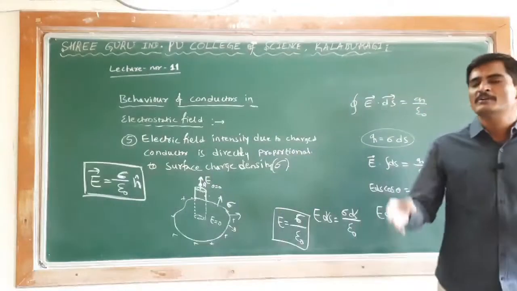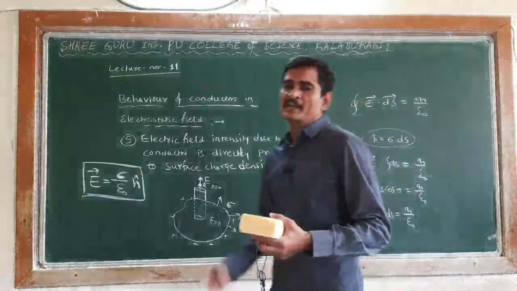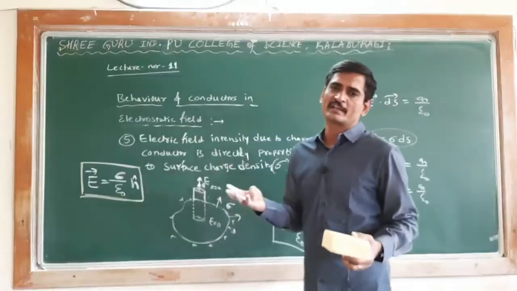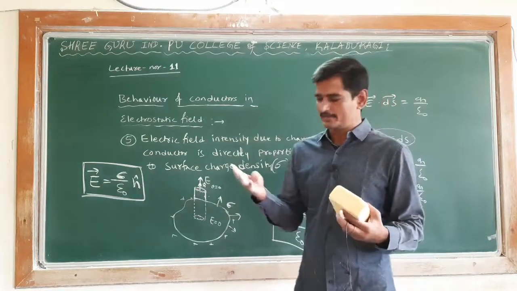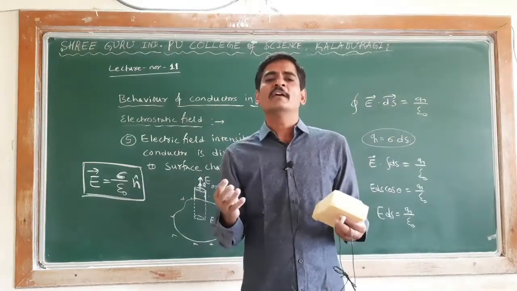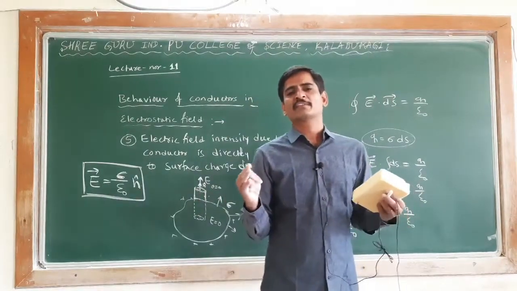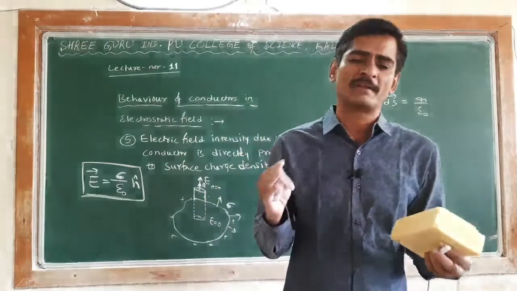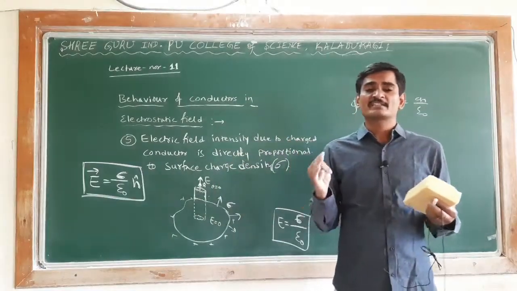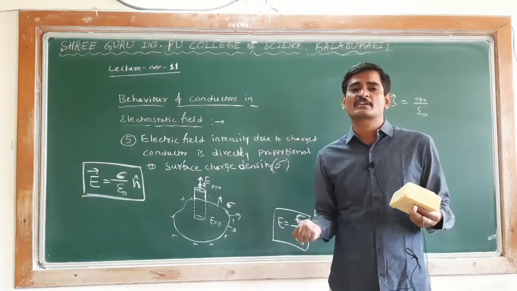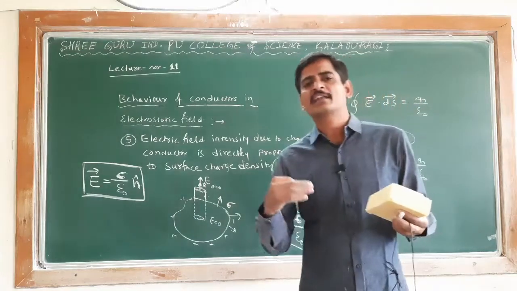Once again I will repeat. First point, the net electric field intensity in the interior of the conductor is 0. Second point, the electric field intensity just outside the surface of a charged conductor is perpendicular to the surface of the conductor at every point.